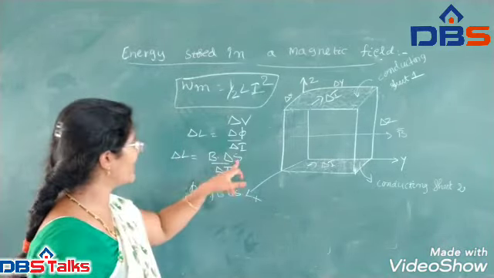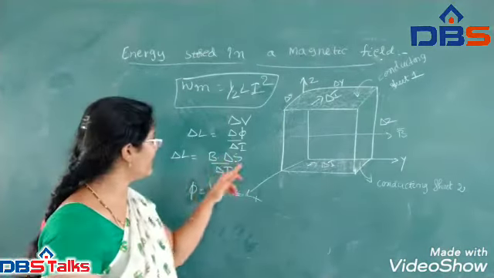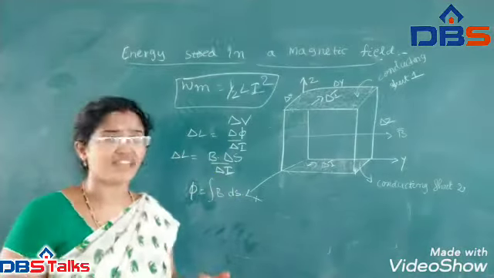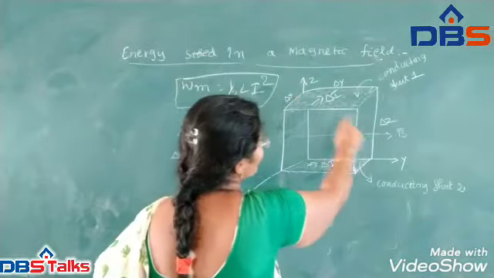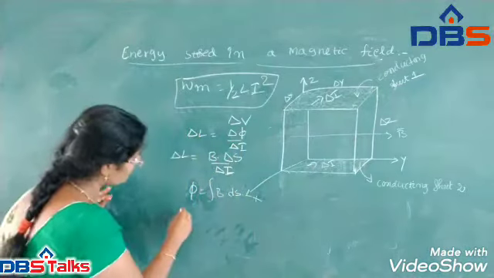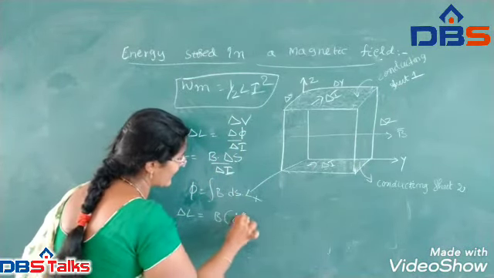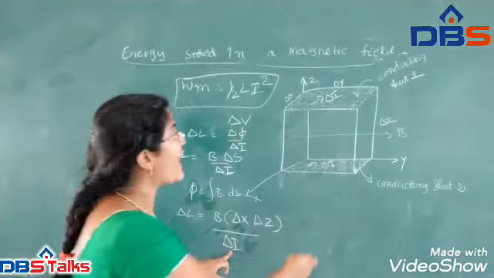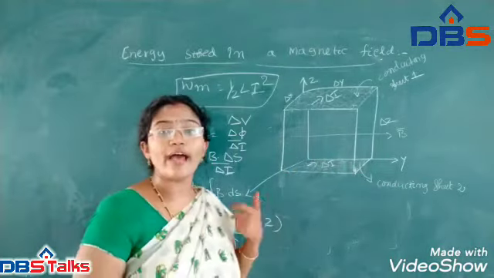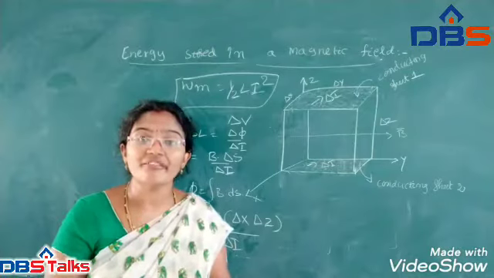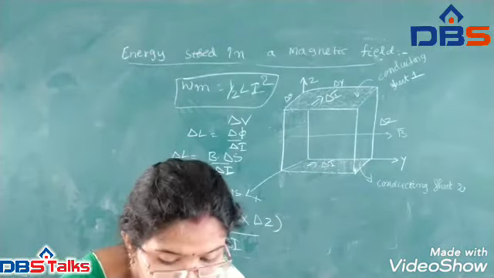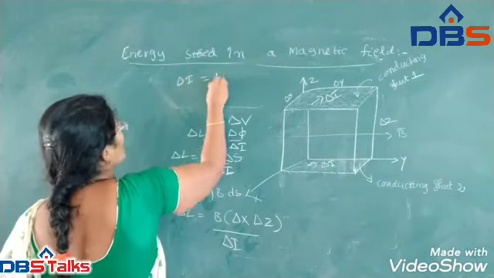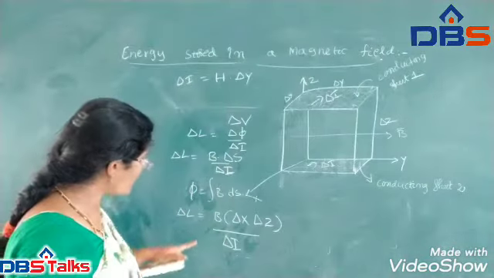Here delta S is the differential surface, placed along delta X and delta Z. So delta L equal to B delta X delta Z divided by delta I. The differential current delta I flows along the Y axis, so you can write it in terms of magnetic field intensity as delta I equal to H delta Y. Now you can substitute this delta I value.